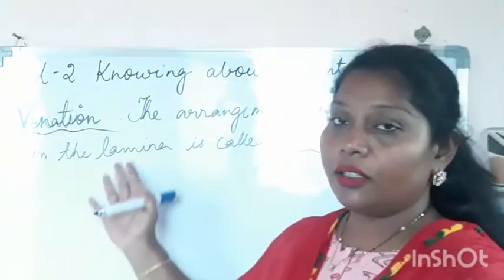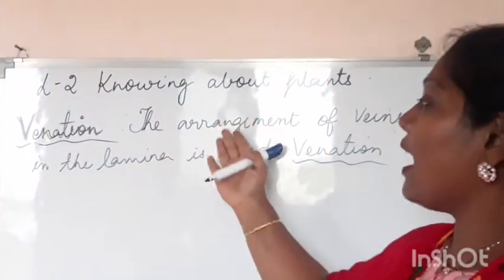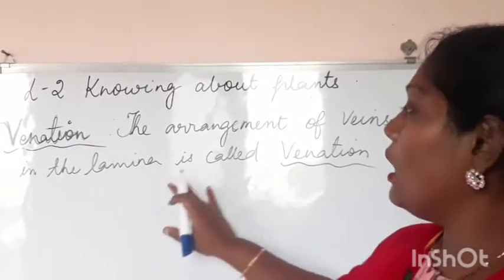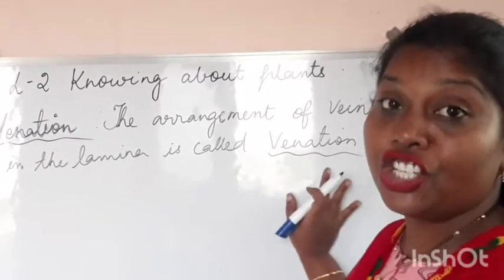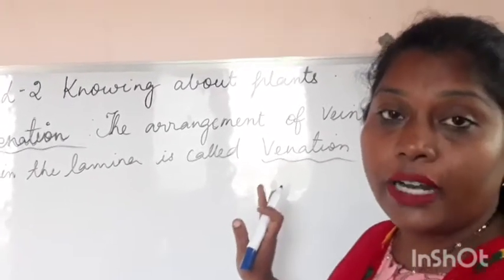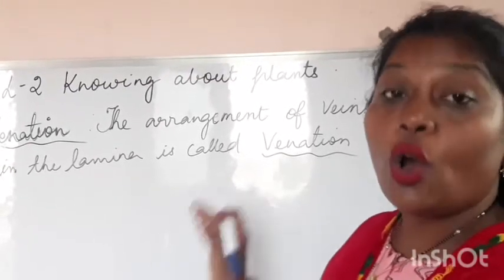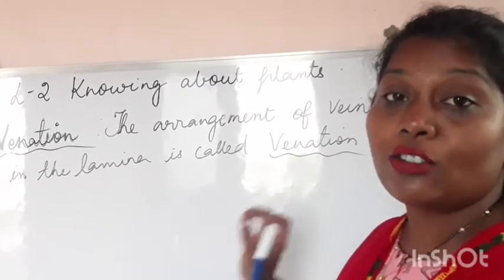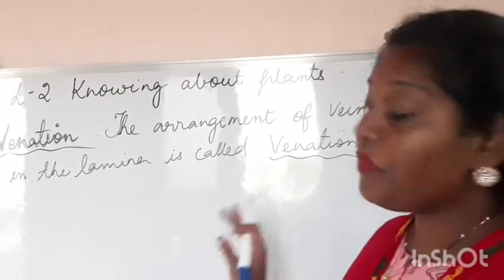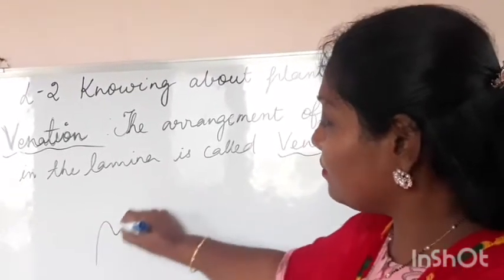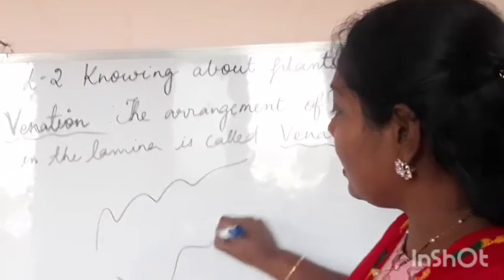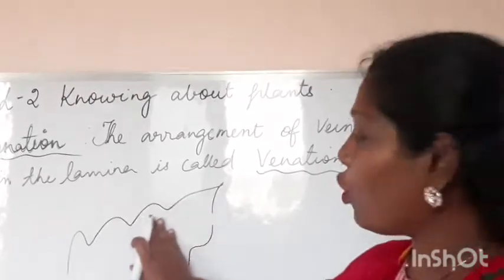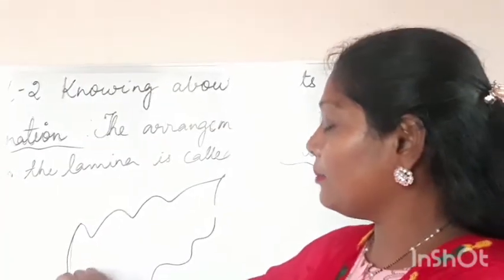What is venation? Venation is nothing but the arrangement of veins in the lamina. What is venation, children? The arrangement of veins in the lamina is called venation. If you think this is a leaf, this portion is called lamina.